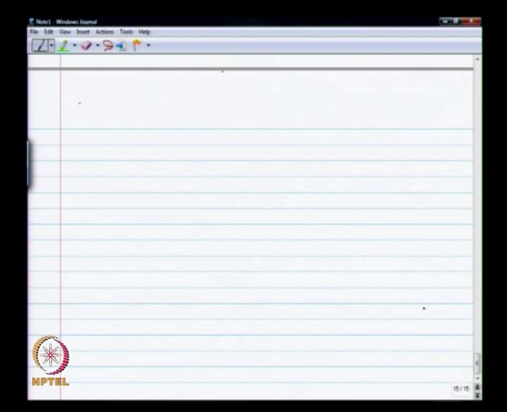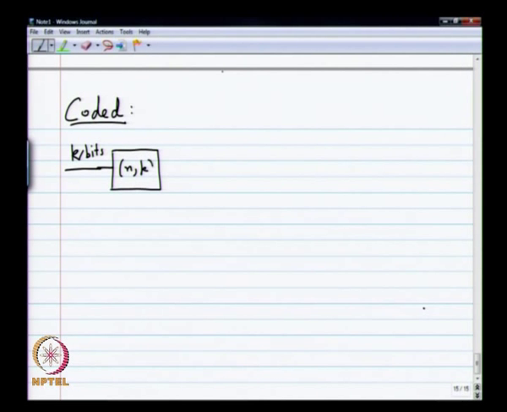If you do coded, then several things change. First of all, you have k bits. These k bits are getting converted by the n,k code to n bits. Then these n bits go through BPSK, and you get n symbols.